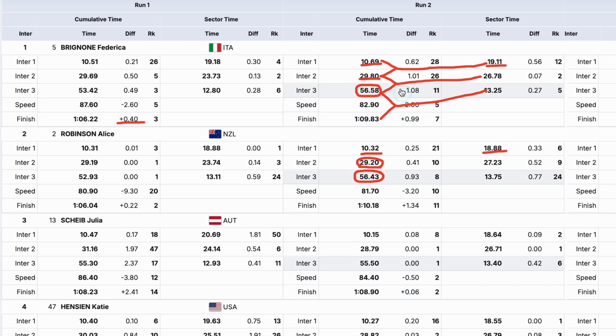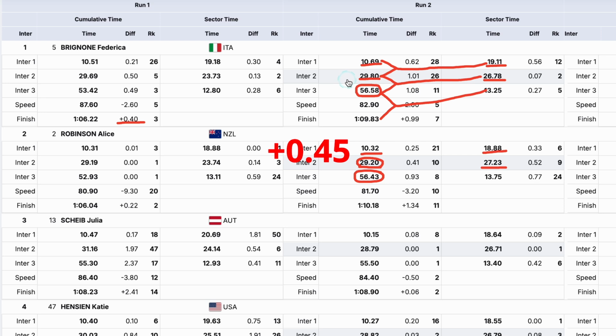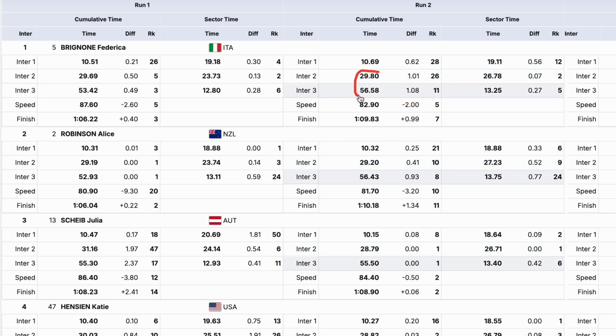If you have a look here, the time that it took to get from interval 2 to interval 3 is 26.78, and this is 27.73. When we look at the video, this zone right here, this is where I'd say the first move would be made, just judging by the times here.